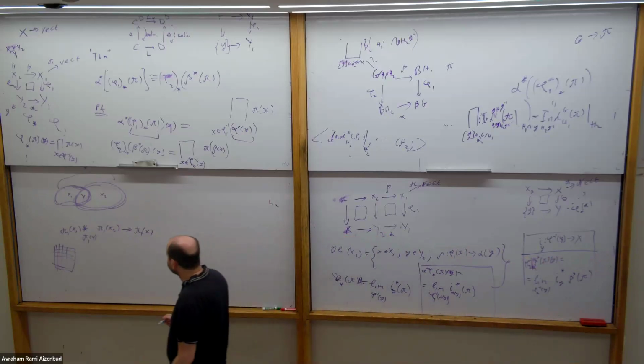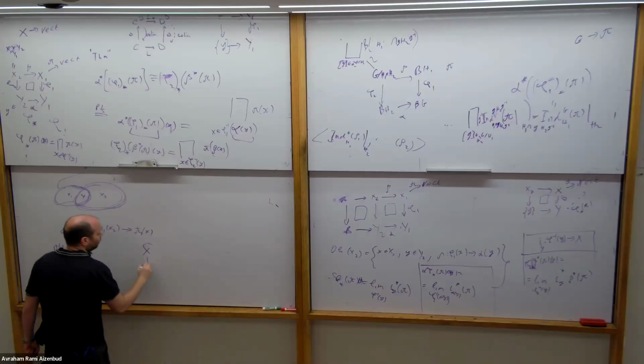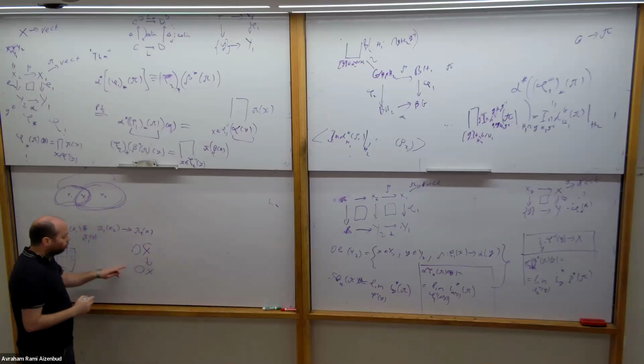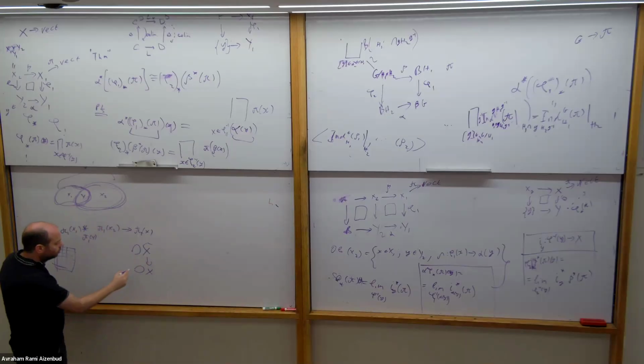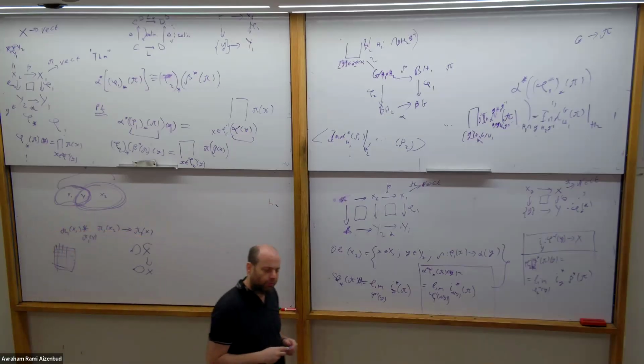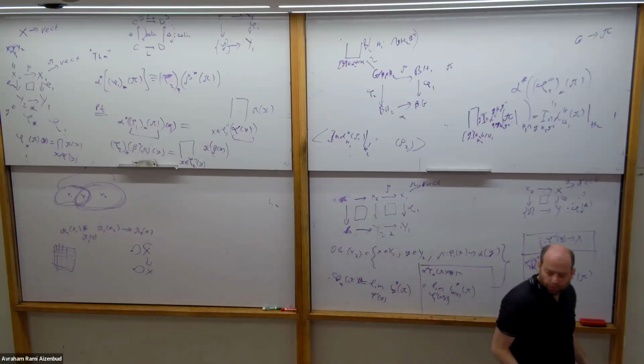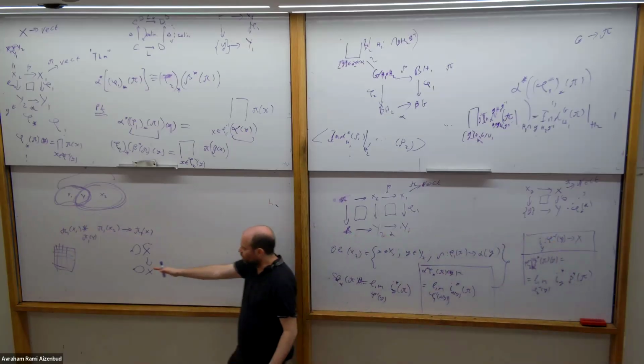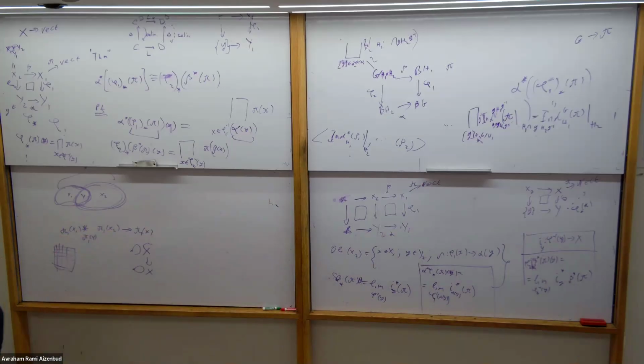So if you have a covering of X, and you have a loop here, then you can uniquely lift it. So if you know where to lift the first starting point, you have a unique way to lift it upstairs.